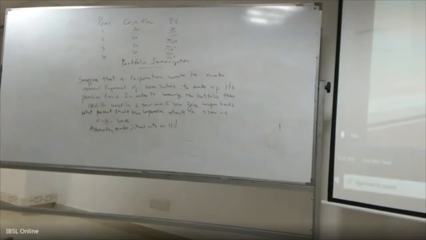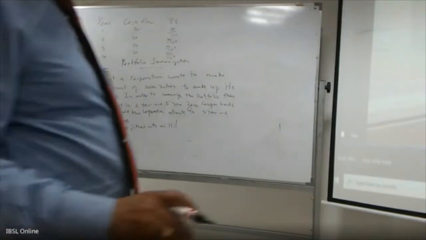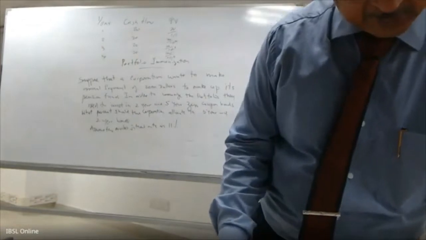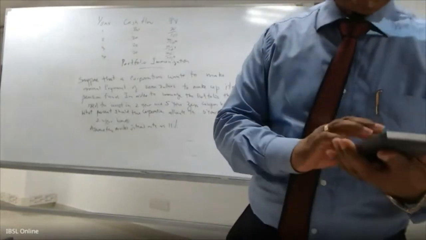You should get the values. What are the values? 20 divided by 1.11 is 18.02.